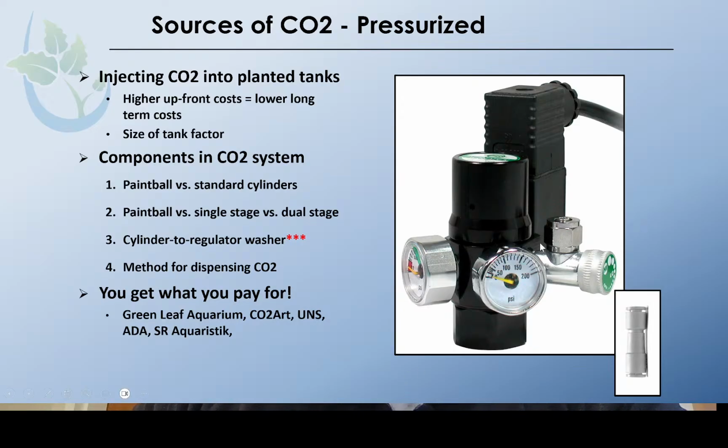Otherwise the water will go back into the body of your regulator, and if you have a solenoid, which most of these little regulators have nowadays, that's going to destroy your solenoid. You want to protect your investment, right? A check valve is cheap. I know they run anywhere from $5 to $15, and they're readily available.